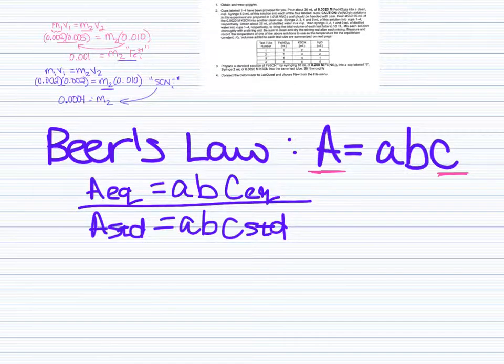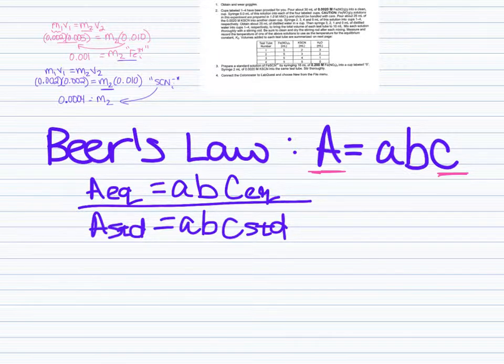But during this lab, you're going to be comparing your equilibrium. So this value right here is the one you got every time you tested a new cuvette. So cups 1 through 4, you got a bunch of different equilibrium values, okay?